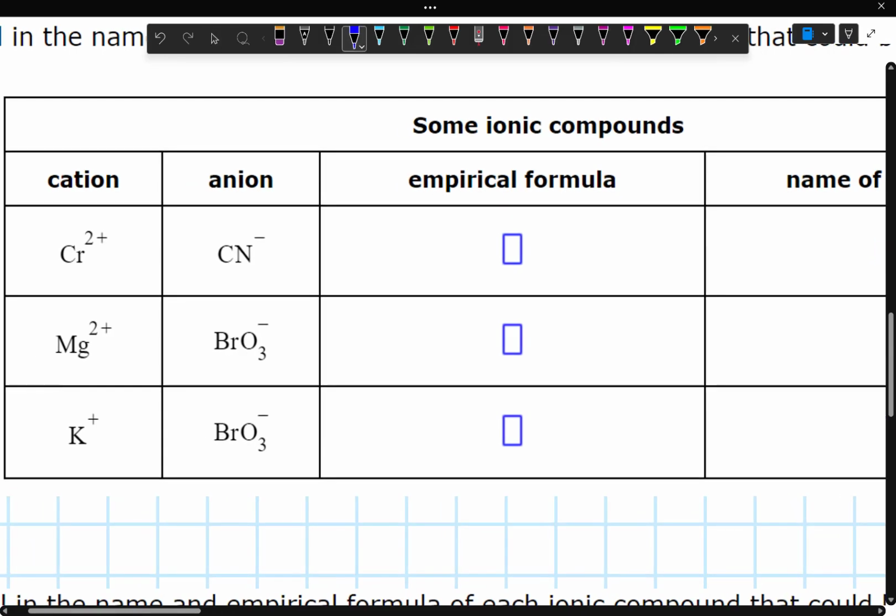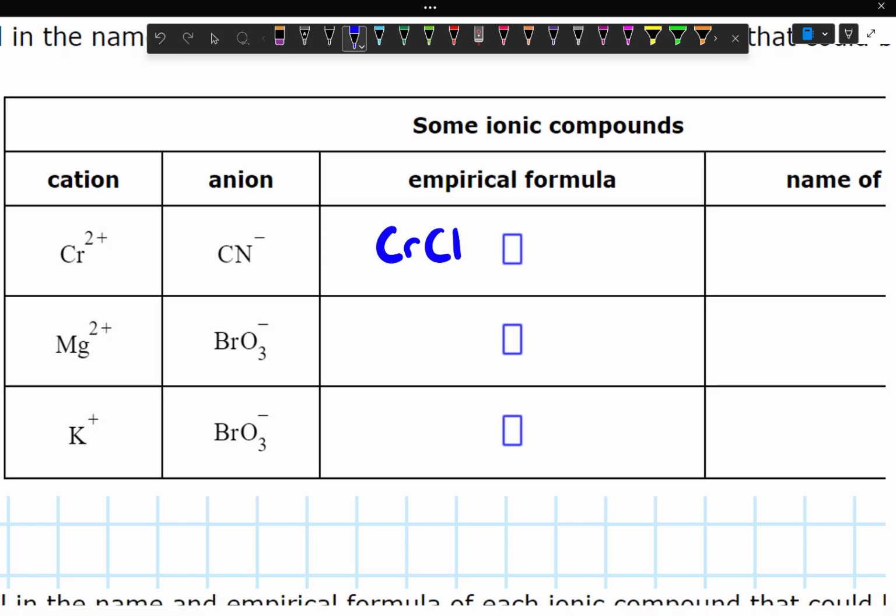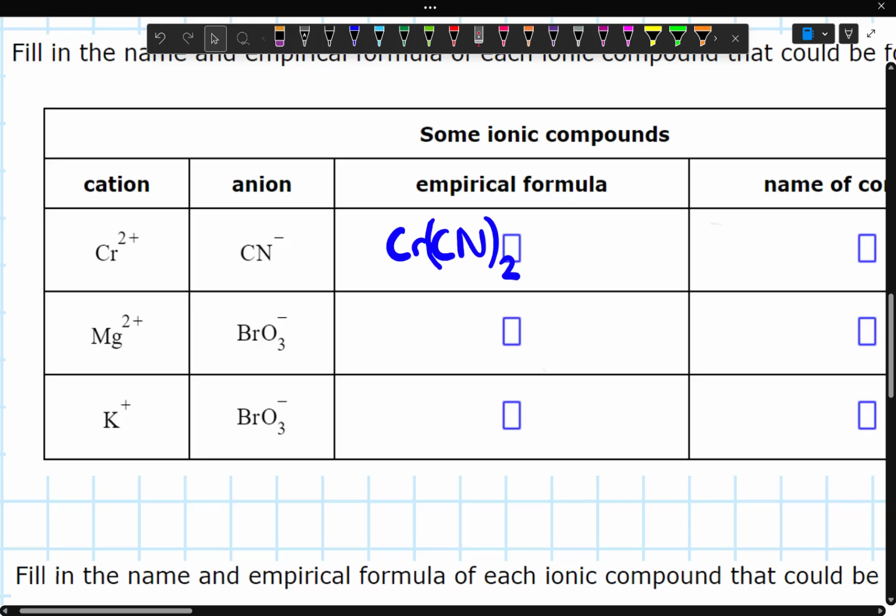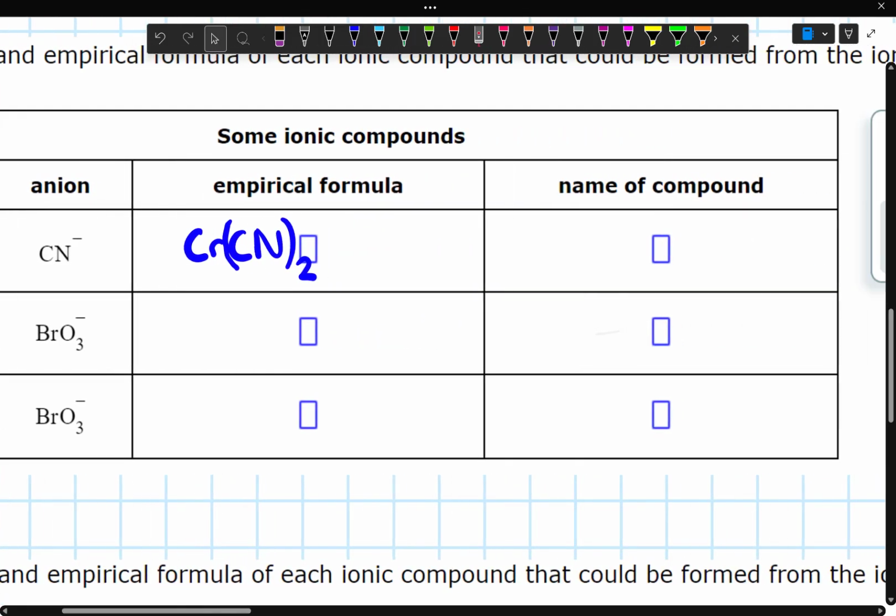So this is going to be Cr(CN), and then we put parentheses in here to indicate that there are 2 cyanides in this empirical formula. Okay? So what is the name of the compound?